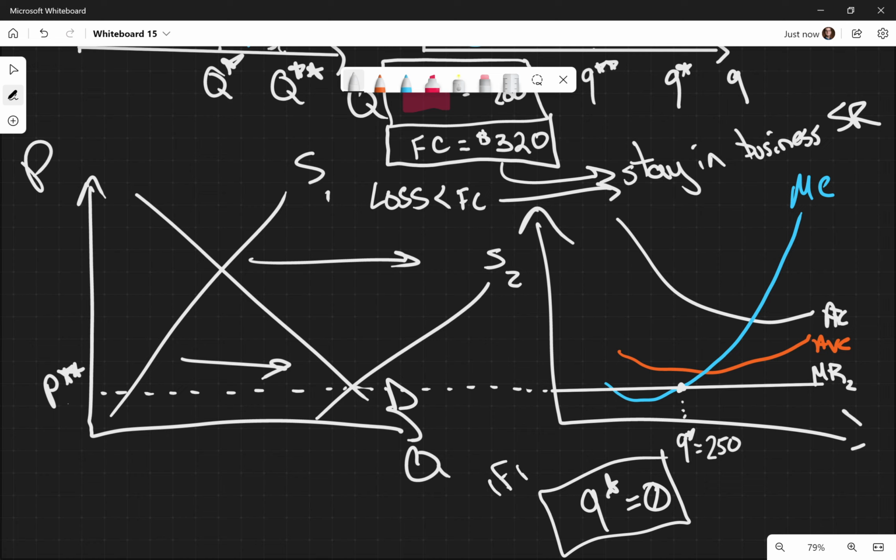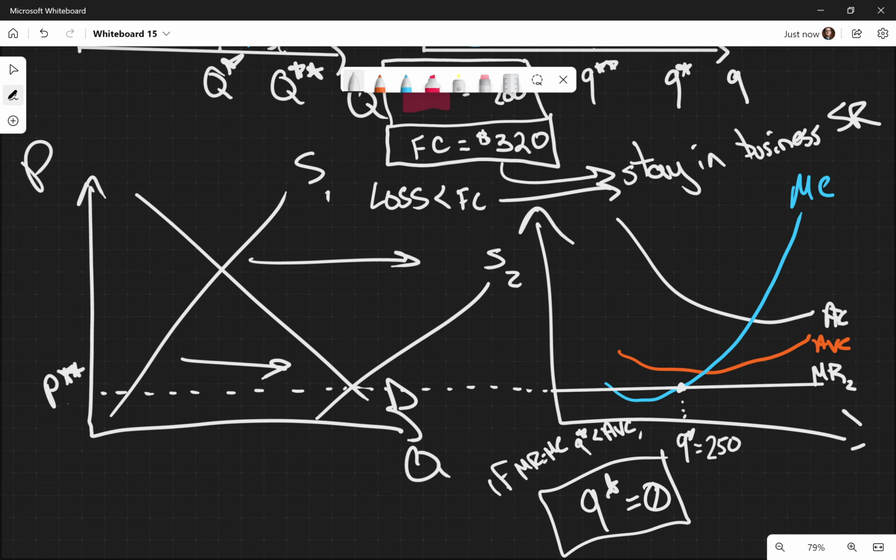If the MR equals MC Q star is less than the average variable cost, then the Q star is actually 0. The equilibrium quantity that's going to minimize your loss is 0, rather than producing the 250, getting some revenue, but losing more than the fixed cost, more than the $320. Does that make sense, everyone?